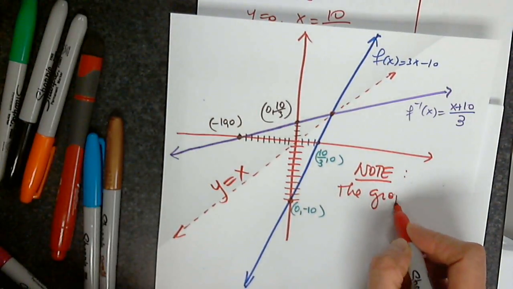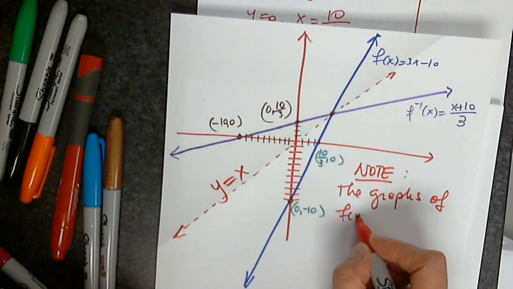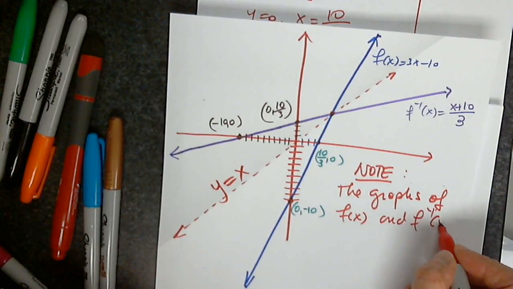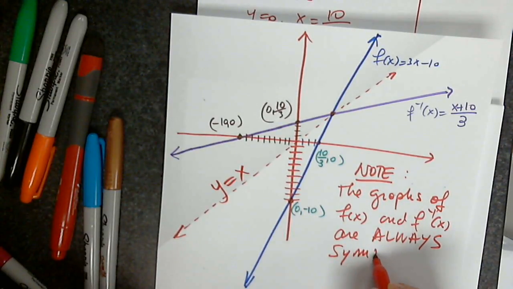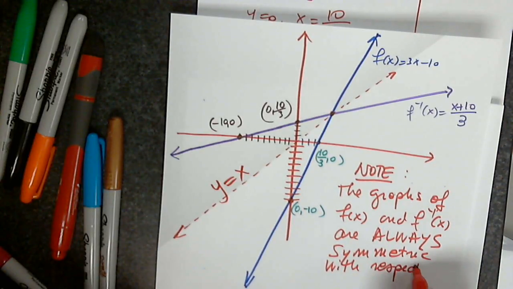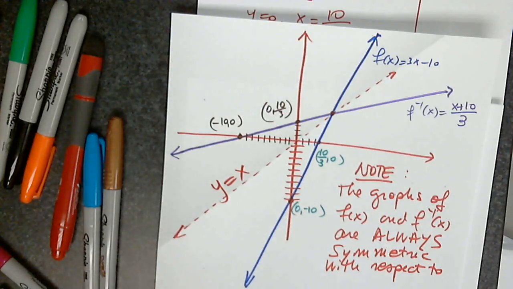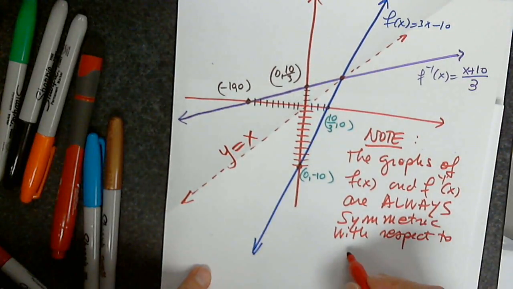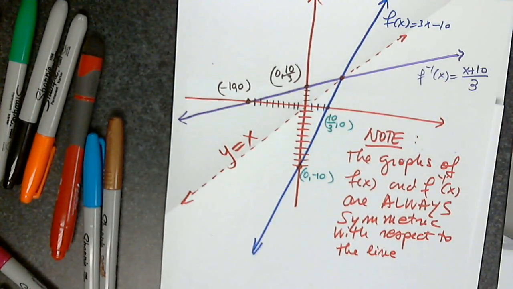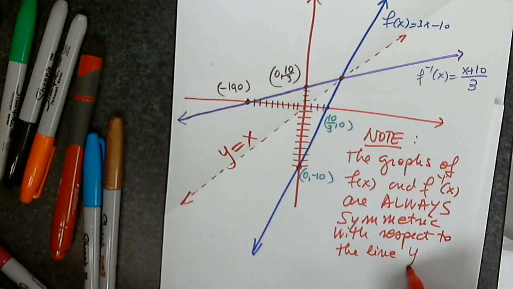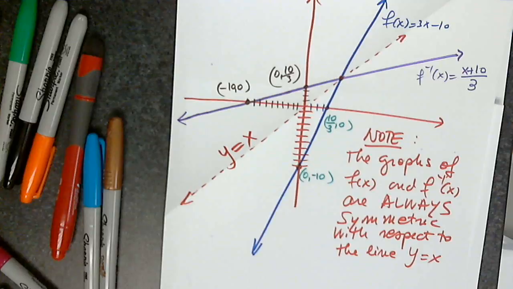The graphs of f of x and f inverse of x are always symmetric with respect to the line y equals x. Always.